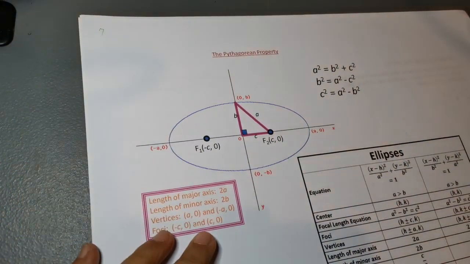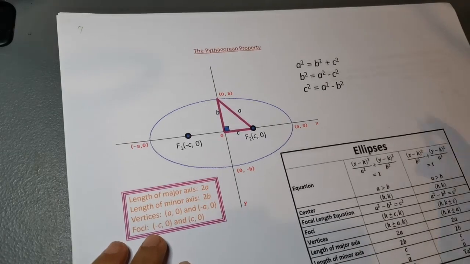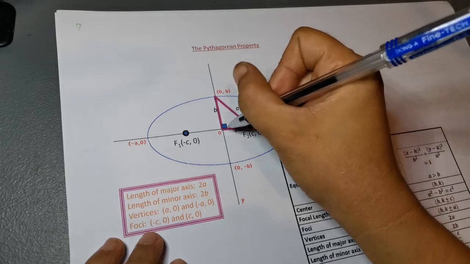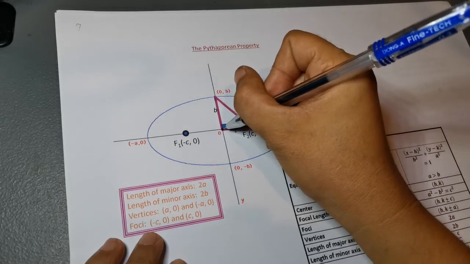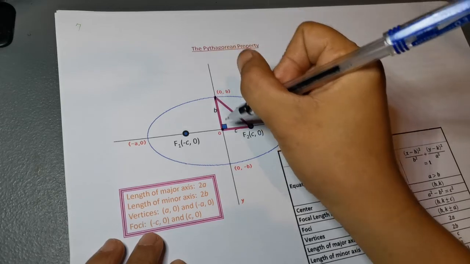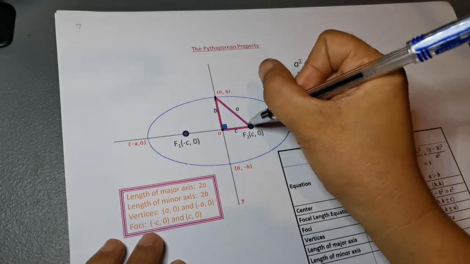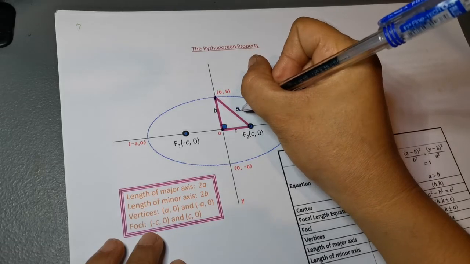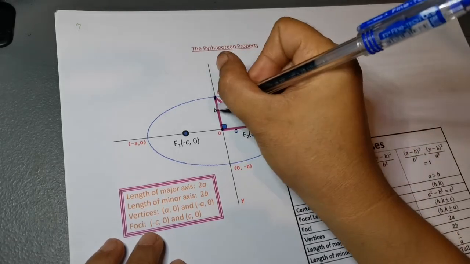So, if we're going to locate our focus and then we draw a right triangle. Okay, using now the points or our co-vertex rather, our co-vertex and our foci and of course the center. So we have here our A, our C, and our B.